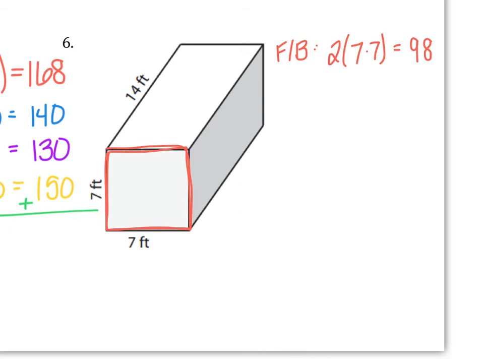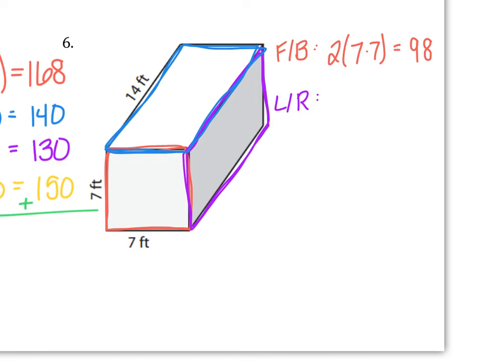Now for the left and right side rectangle. For the rectangle on the left and right side, that is going to be a 7 by 14. However, because my base was a square, if I peek at the top and bottom rectangles, they're also going to be 7 by 14.